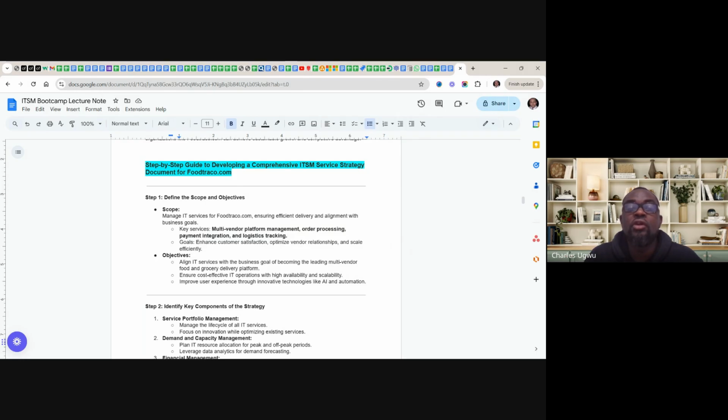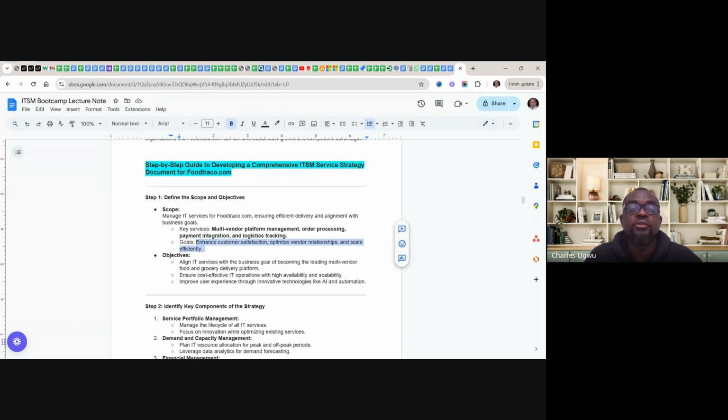Our multi-vendor platform, where people can come and order, with order processing, payment gateway, and logistics. The goal: ensure customer satisfaction, optimize vendor relationships, and scale efficiently. That is our key goal here.